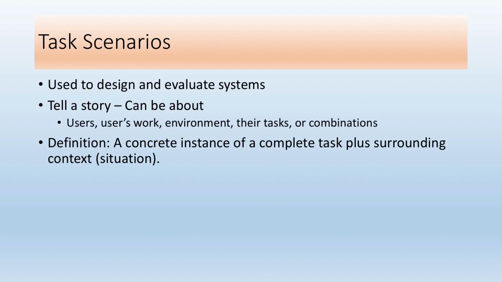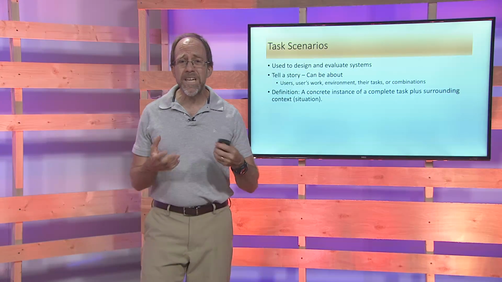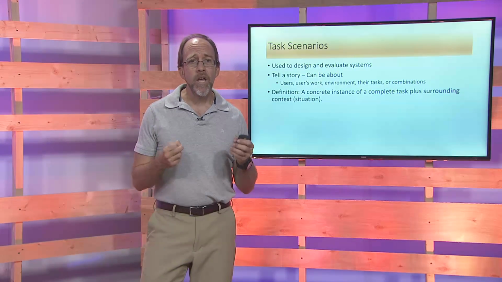Let's talk a little bit more about task scenarios first, because I like to use them. I call them case scenarios in most of computer programming. It's really looking at a situation: how is the user using the system, or how is the user going about a task, or what is even the context in which this task occurs?